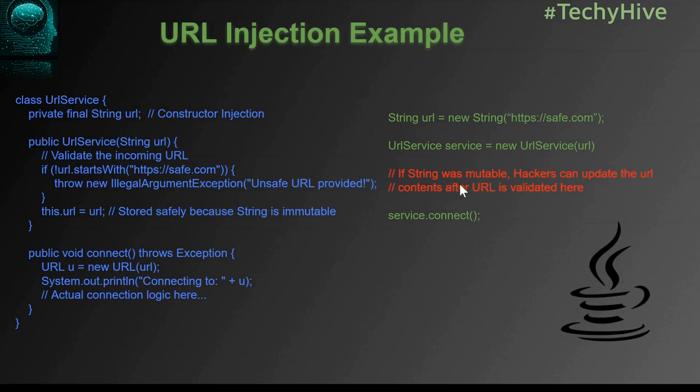At this point, if String was mutable, the contents of the URL could be changed over here, and a hacker could inject an evil URL into this class. Then, when we try to connect to the service, it will connect to the evil URL.